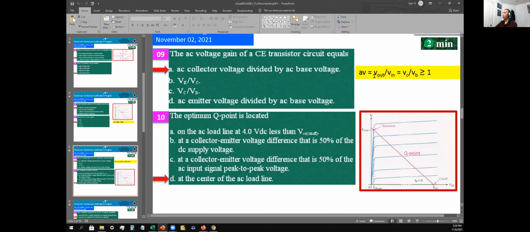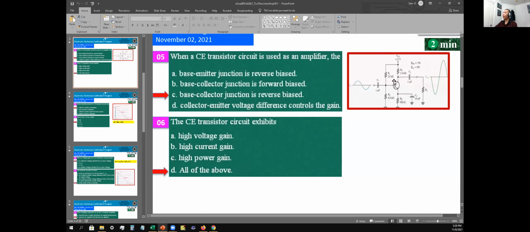Yeah, mainly we're looking at the gain of the AC signal. The DC is just to bias the transistor. We use the AC signal to control the current.